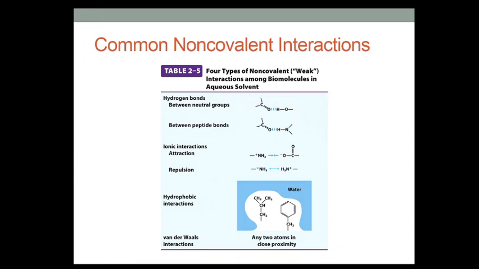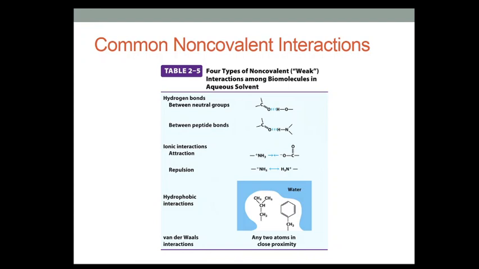Now, you should know at this point that hydrogen bonding is perhaps going to be the most important of the non-covalent interactions. In fact, in 1939, Linus Pauling proposed that hydrogen bonding would be the most significant non-covalent interaction of these.